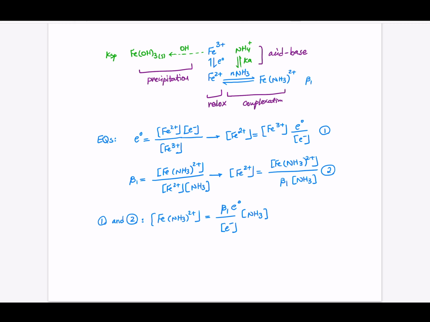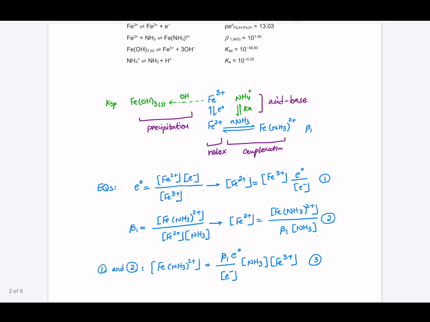Beta 1 times the concentration of ammonia and all times the concentration of Fe3+. So now we have the concentration of this complex related to Fe3+, and this is the conversion term between these two. Let's call this equation 3.